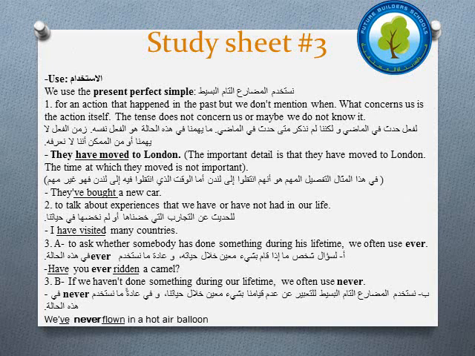We use the present perfect simple for, one, an action that happened in the past but we don't mention when. What concerns us is the action itself. The tense does not concern us, or maybe we don't know it.